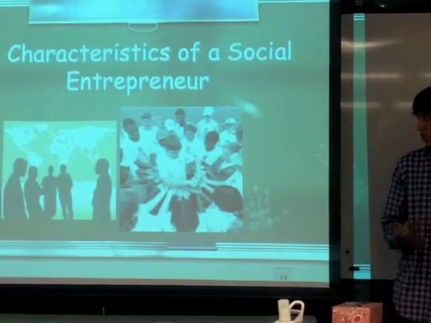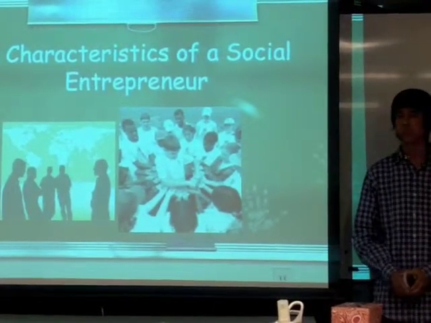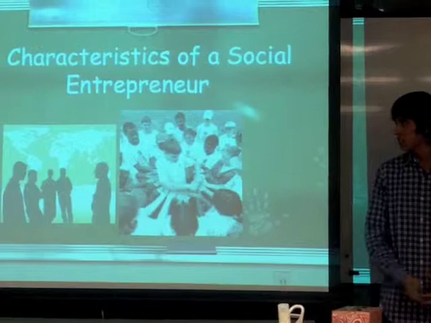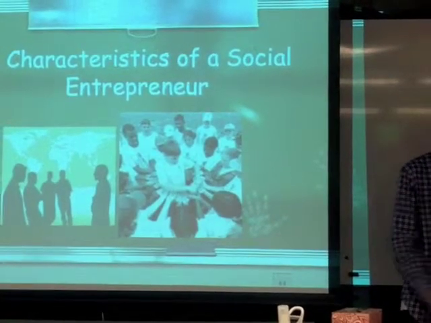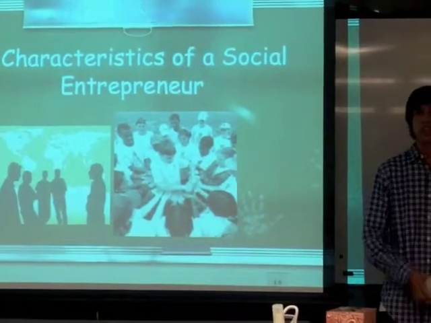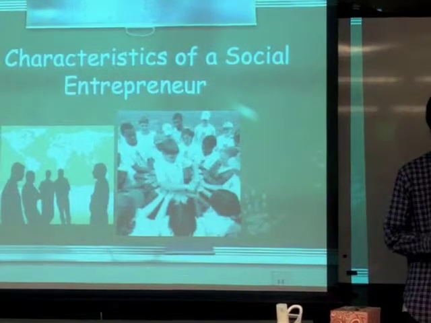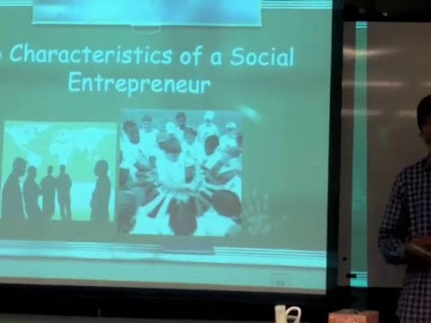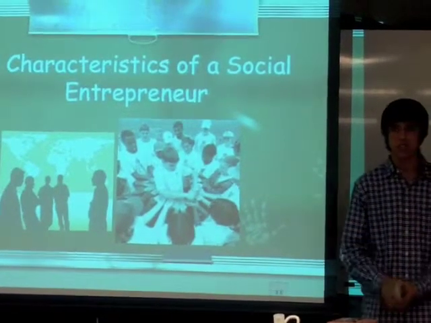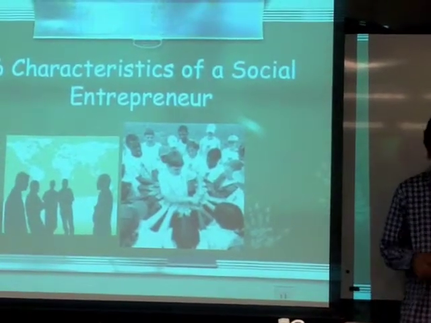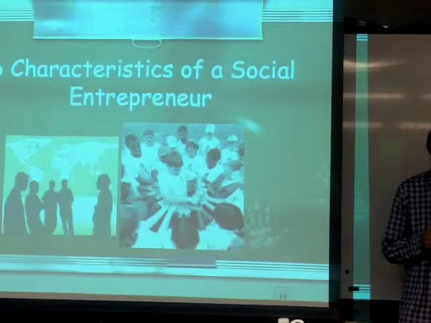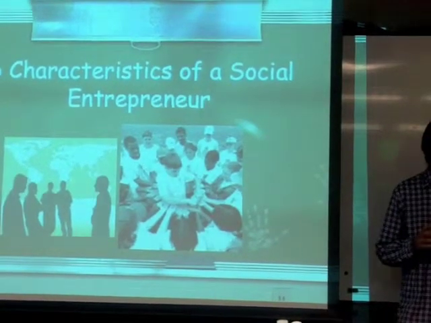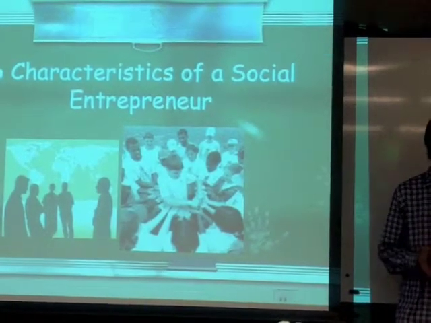I think any person, and especially a social entrepreneur, needs to be willing to self-correct. So if they make a mistake, which happens to every single human being, they should be able to put their head down and say, I made a mistake, I'm going to fix it, or to not make it happen again, depending on what the mistake was. The fourth one is abandon the standard business model.